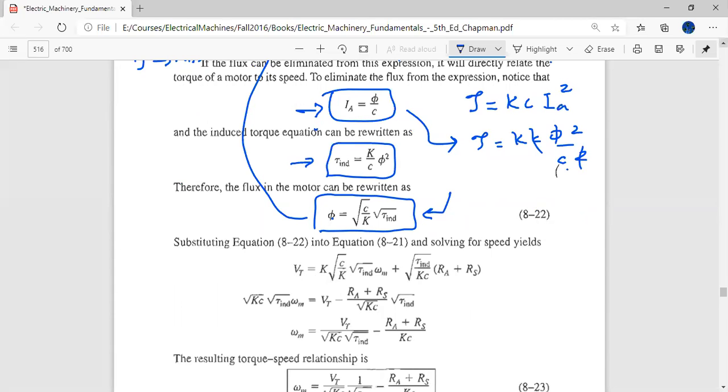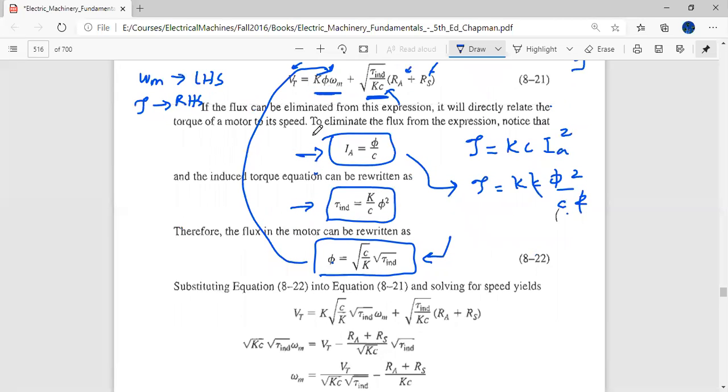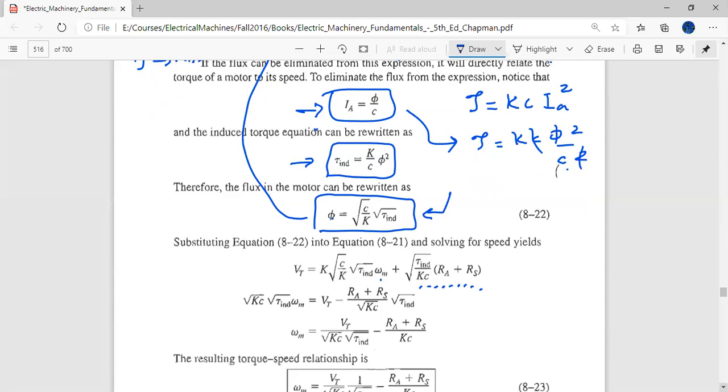Vt is equal to, and I replace this phi with this expression here. So it is k times this expression times omega m, and this expression I was already happy with because I have torque induced in this, and all the other remaining things are either constants or they are architectural components of the machine which we are not changing while a machine is in operation.